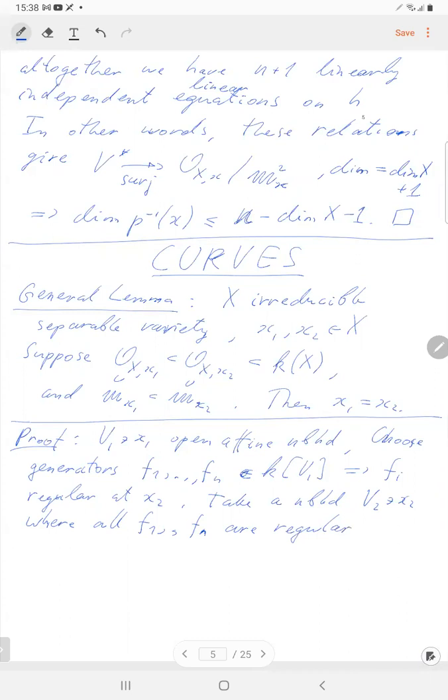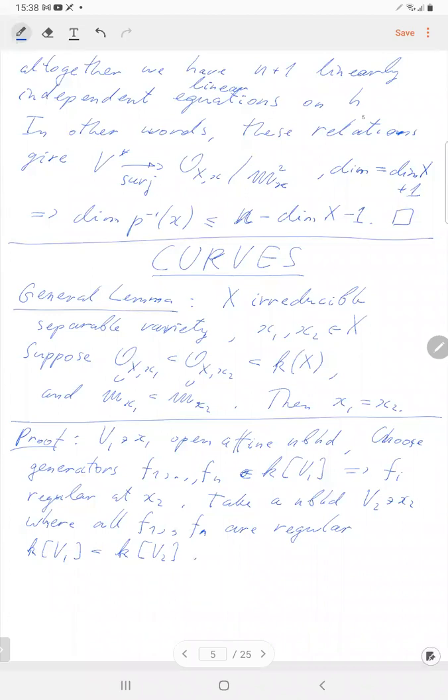Then by construction, the regular functions on V1 are contained in regular functions on V2, right? Because the regular functions on V1, by assumption, are generated by f1 and so on, fn.